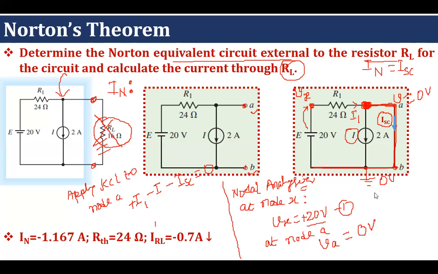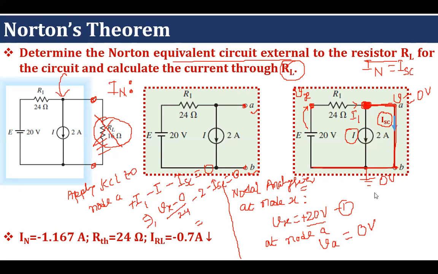So what is the value of I1? I1 will be equal to (Vx minus 0) upon 24, minus the value of I, which is 2, minus ISC, equal to 0.